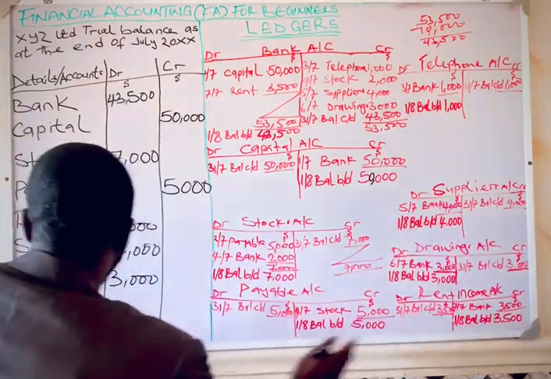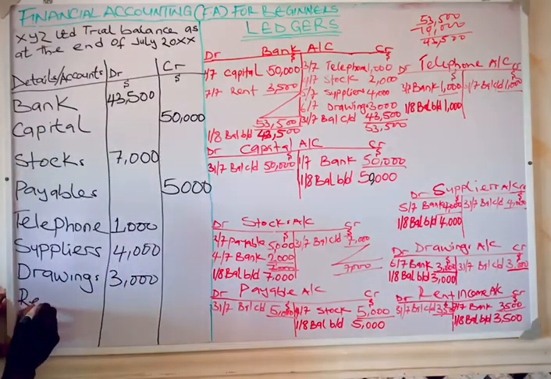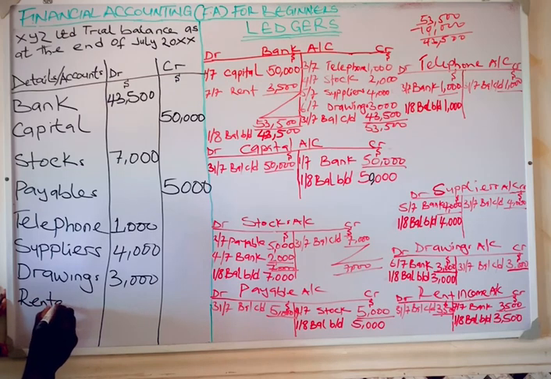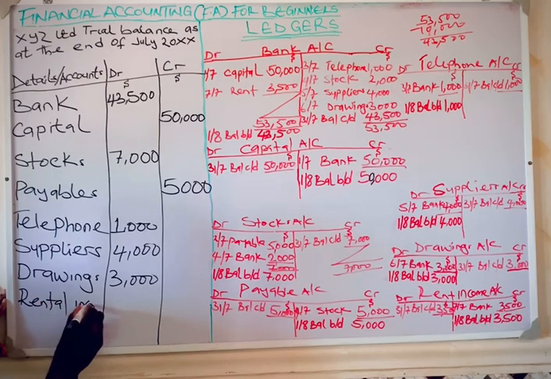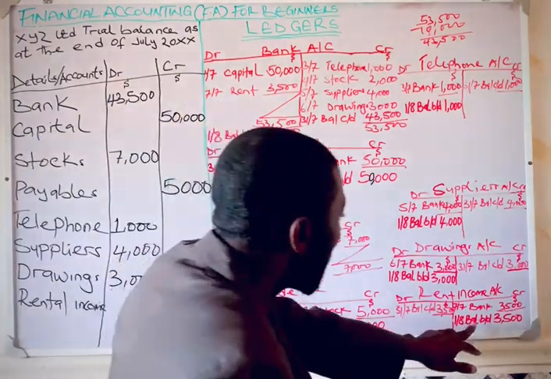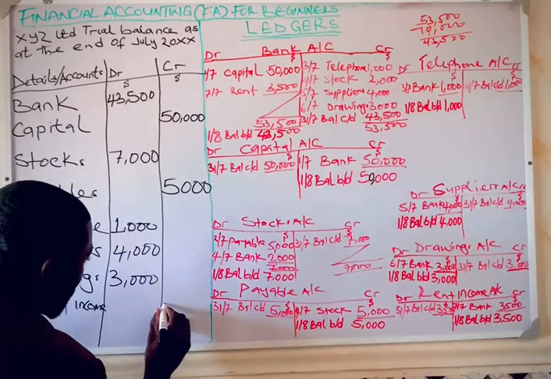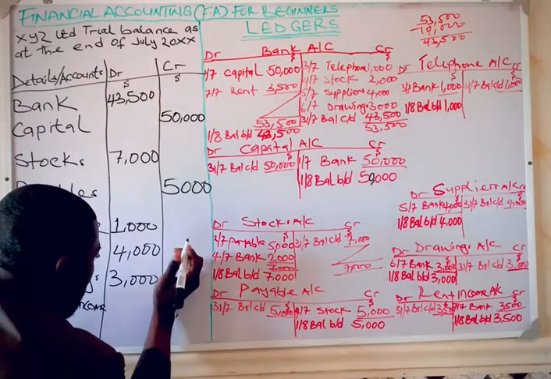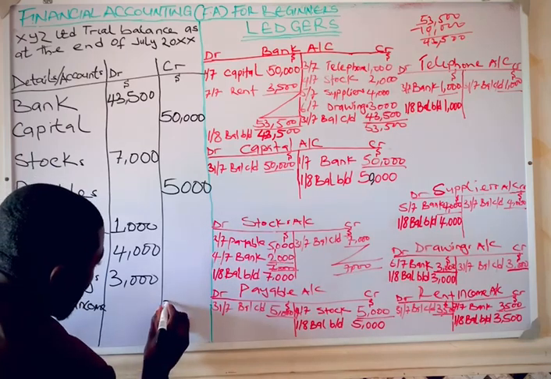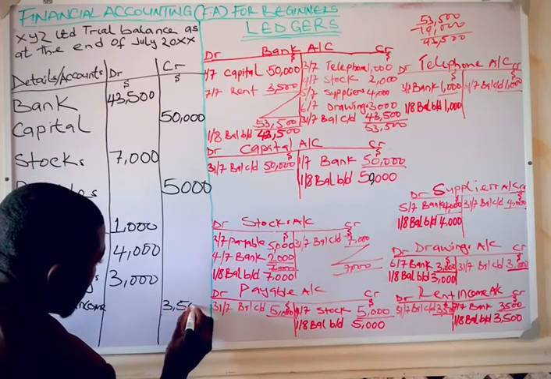The last account is the rental income or rent. The rental income has a balance BD at the credit side of $3,500 US dollars.